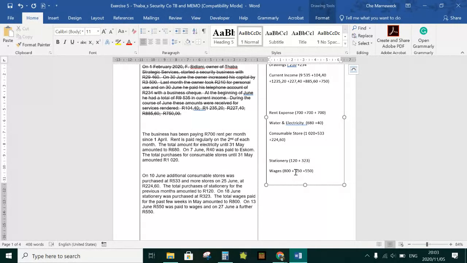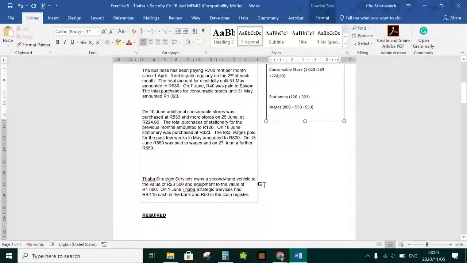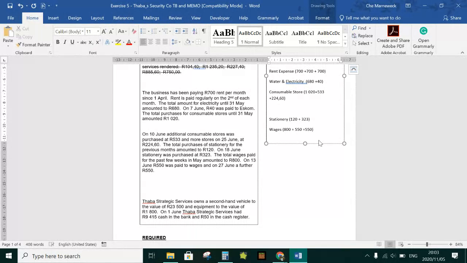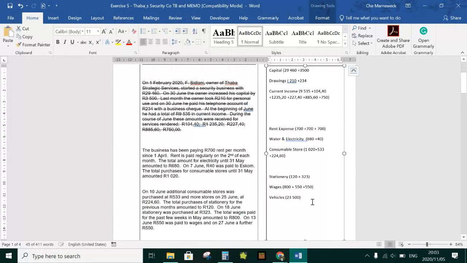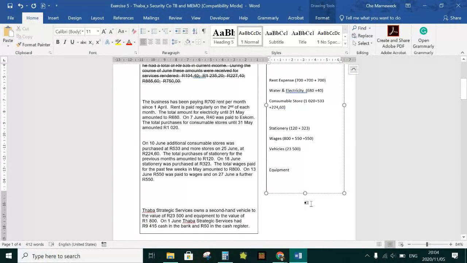Oh, we got a second-hand vehicle. It's 23,500, and we have equipment. Equipment is 1800.